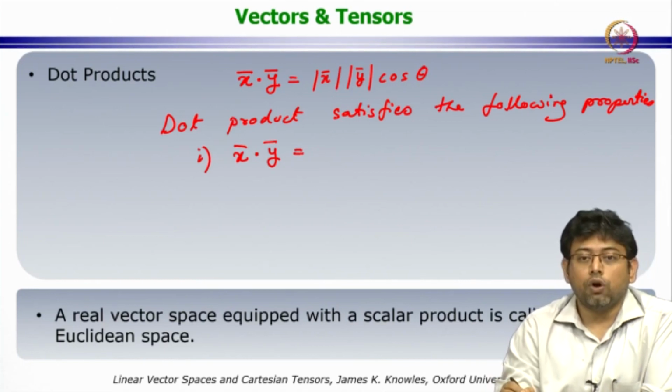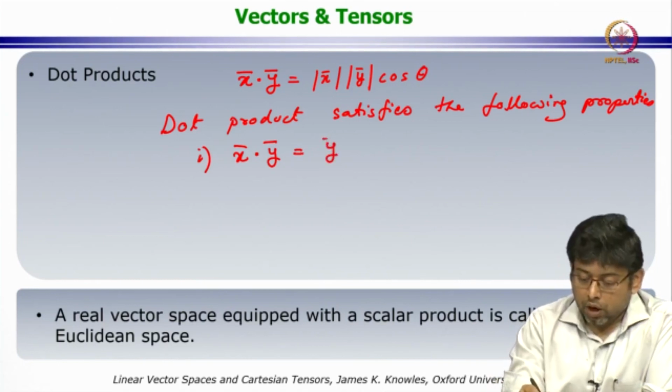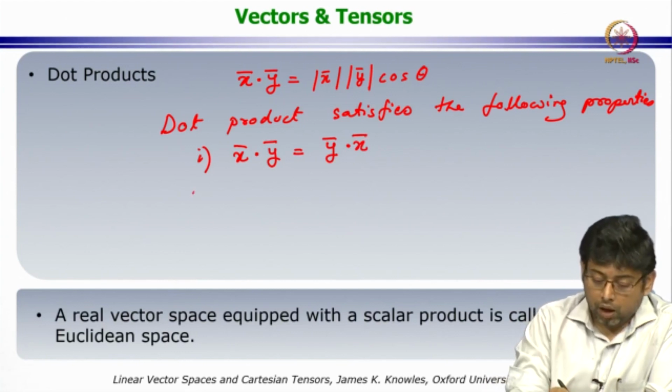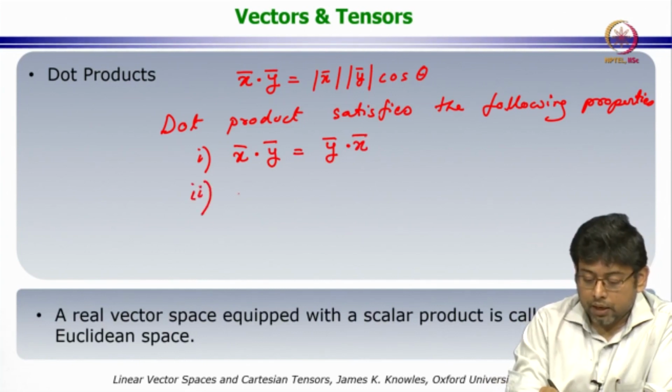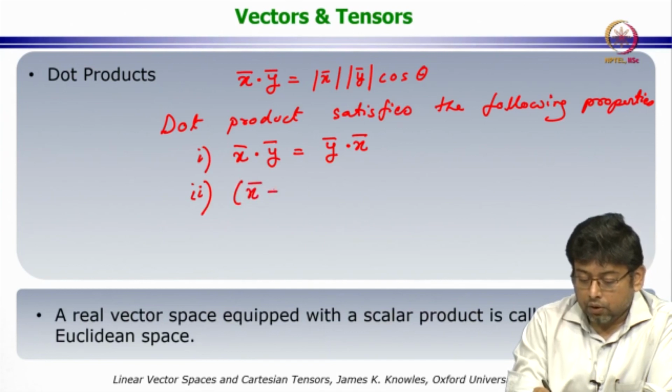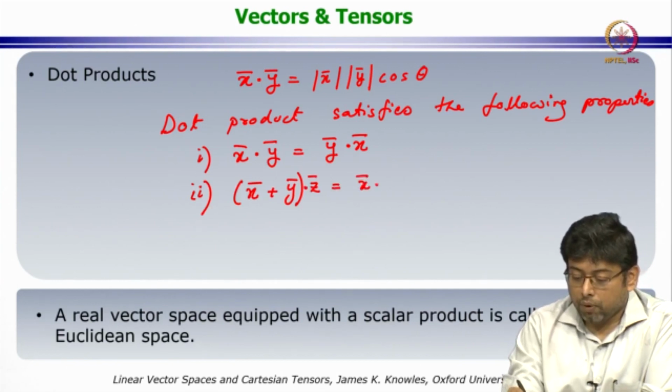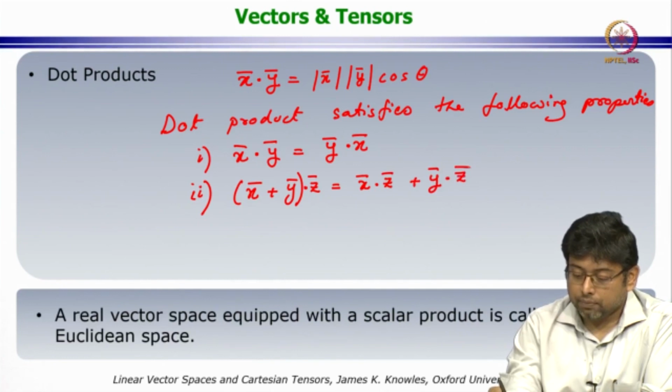If you have x dot y, you can also do y dot x, and the two are the same thing. Another is that it is distributive. If I do x plus y dot producted with another vector z, this is the same as doing the dot product of x with z and then adding that to the dot product of y and z.